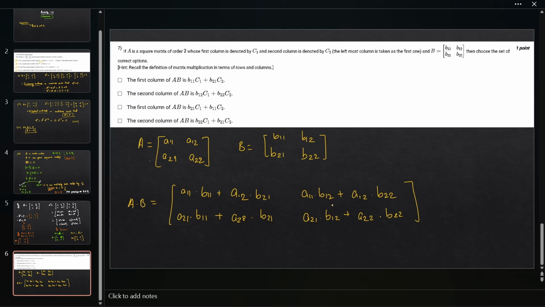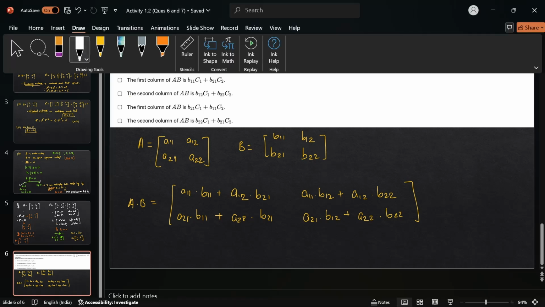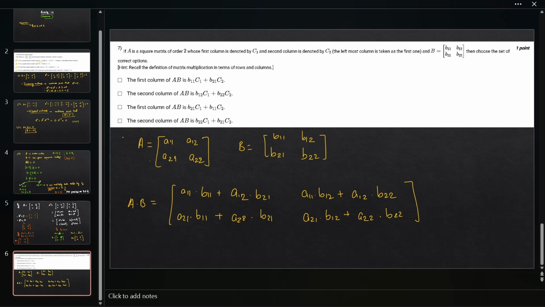So now let's check the options. The options are regarding the product of A and B. Here the first option says the first column of AB is B11C1 plus B21C2. So let's analyze the first column of AB, that is this one. Here it says the first column of AB is B11 times C1. So let's see, it is B11 times A11 and then B11 times A21.